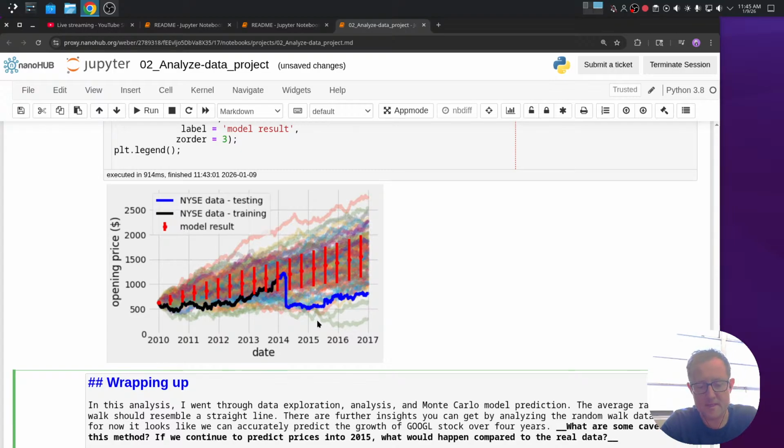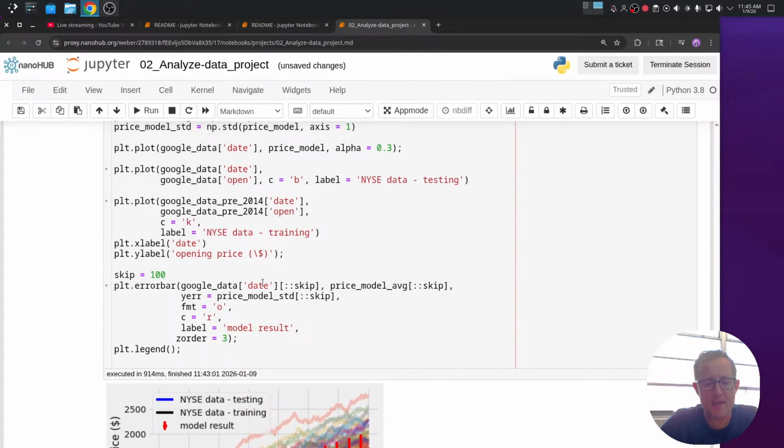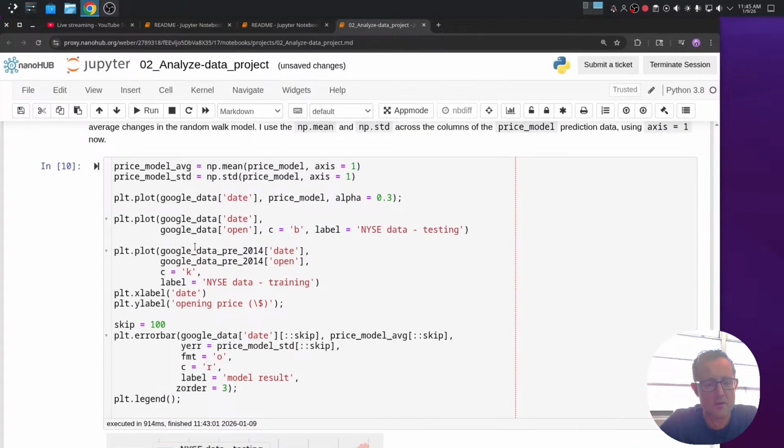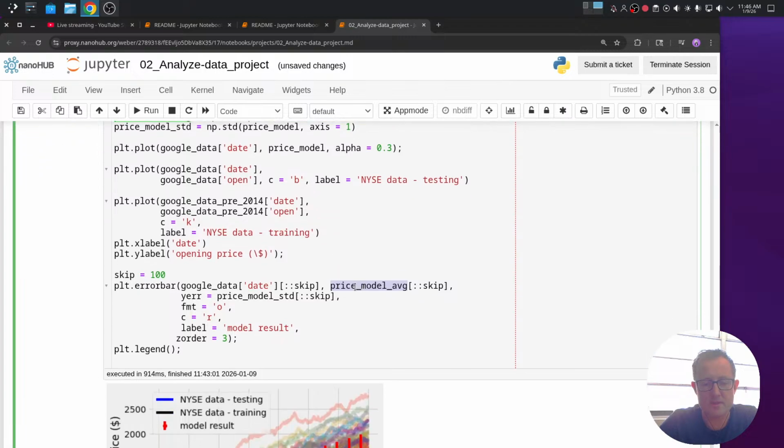In 2014, and I'm just kind of listing, since I have the price model average and I have Google data, why don't we just plot that?